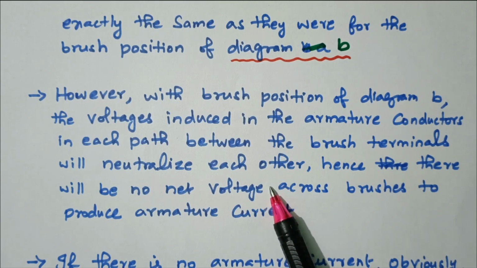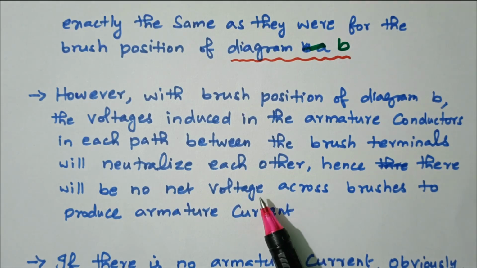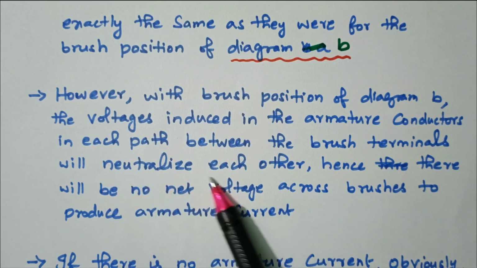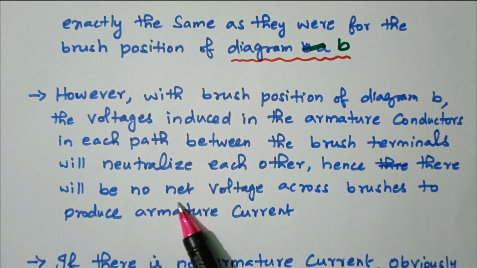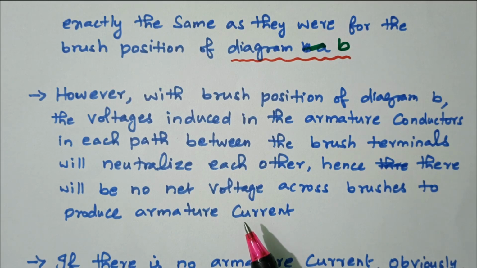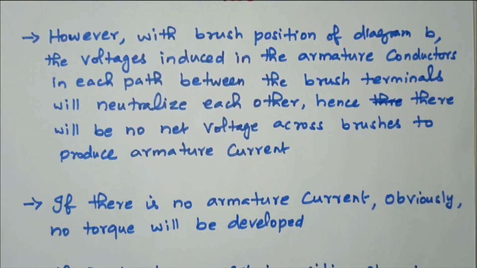So in diagram B, the magnetic axis and brush axis are 90 degrees to each other, and it will produce both induced EMF and armature current, but they neutralize each other. Hence there will be no net voltage across the brushes to produce armature current. Diagram A and B are very similar. In diagram B also it will induce EMF, but that is neutralized, so there is no possibility of flow of current.